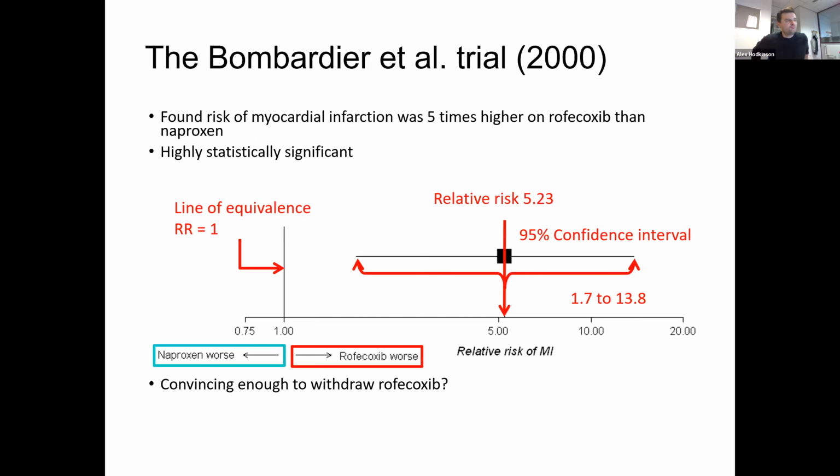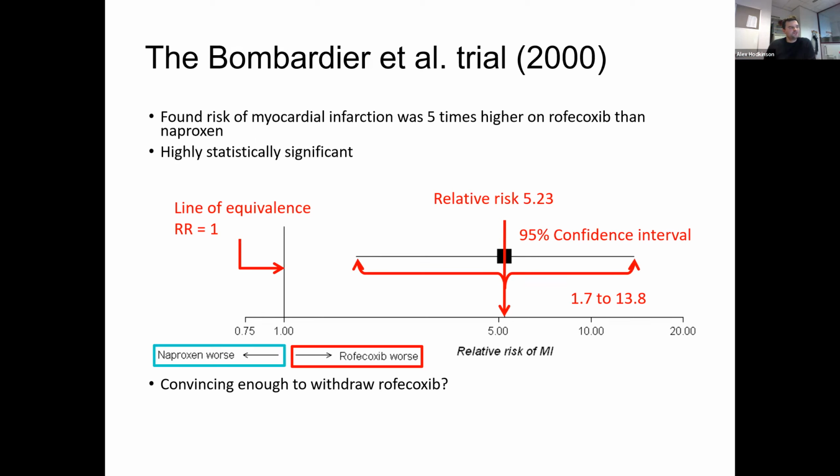This is one of the pivotal trials within this meta-analysis that was published, the Bombardier trial in 2000, a year after approval. What you can see is their individual study results concluded that there was a statistically significantly increased risk of a myocardial infarction event compared to the standard therapy, naproxen, in patients taking Rofecoxib.